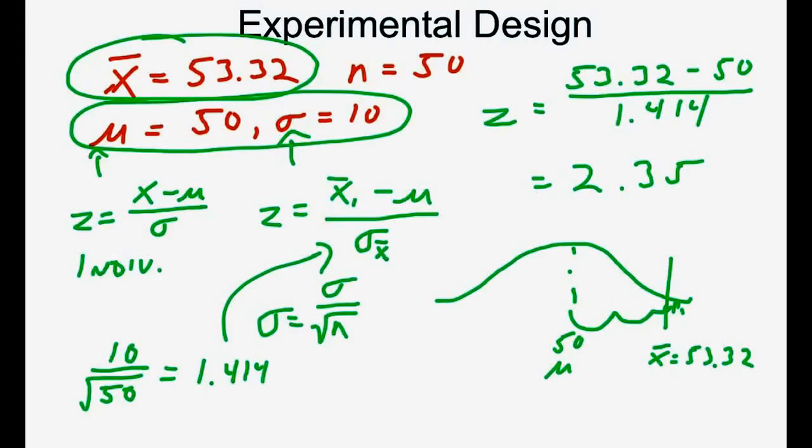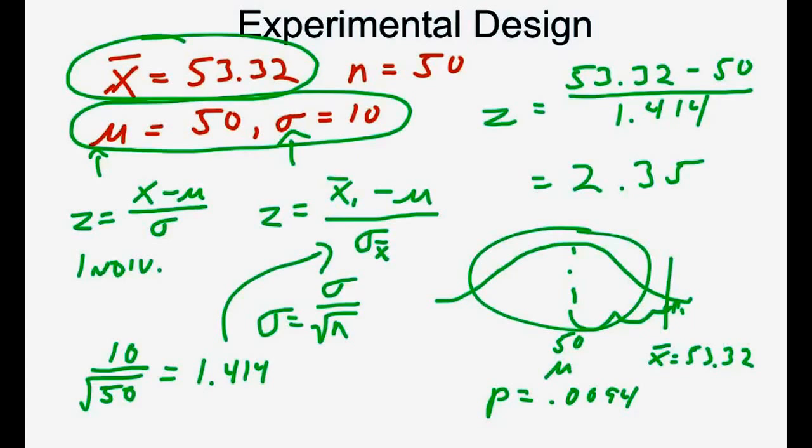Well, that probability is 0.0094. In other words, there's less than a 1% chance. There's a 0.94% chance that we would draw a sample at random from this population and get a mean of 53.32. That's pretty rare, less than 1%.